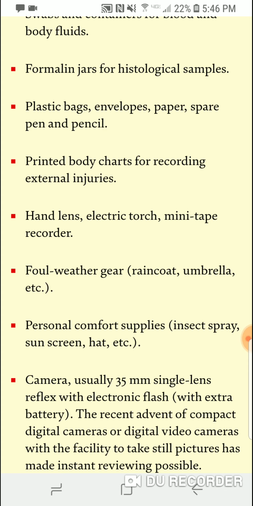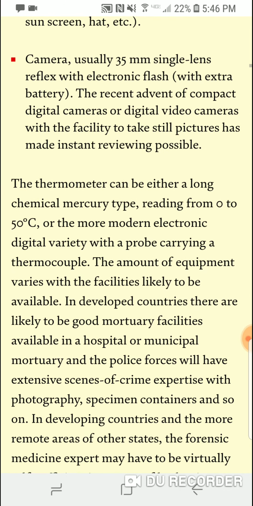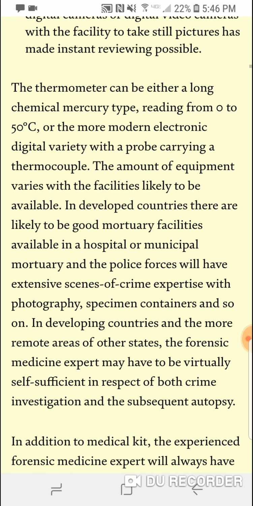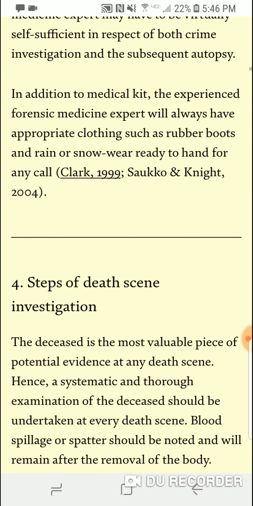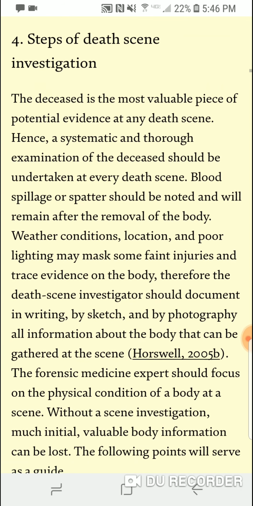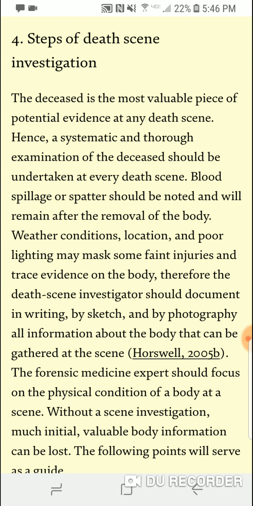We don't have any of that, but a camera, usually a 35 millimeter camera. It goes into what to do with those tools, and then it says steps of death scene investigation.